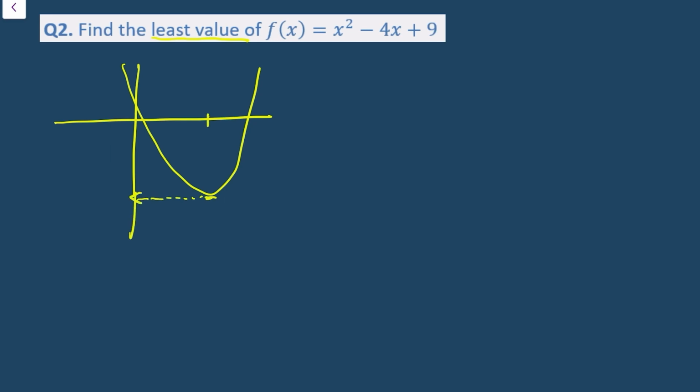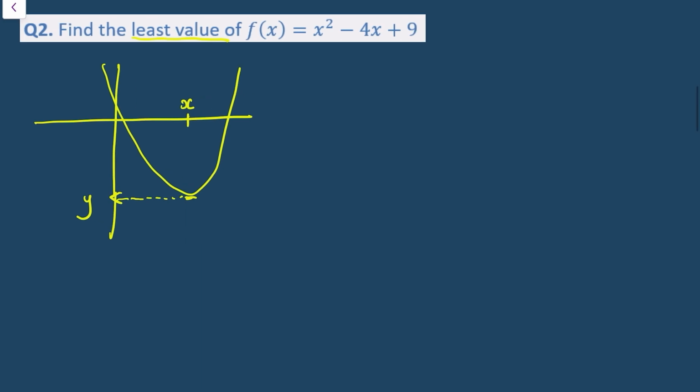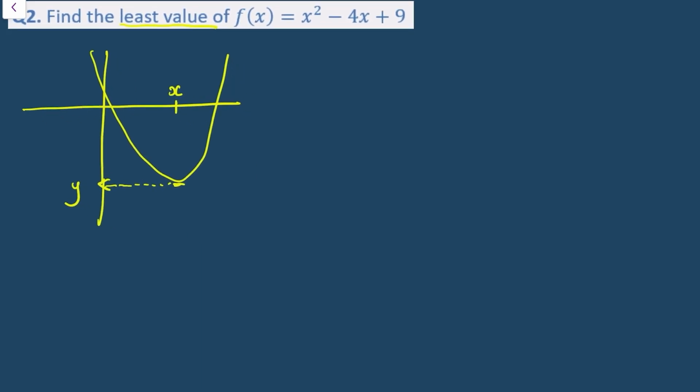So first I'm going to have to find the x value at the turning point, and then I'll have to sub it in order to find the corresponding y value. That's what a question like this is asking you to do. There are two ways you can do this. You can either differentiate, use the same method as we've done before, and we'll do that first, or because it's a quadratic and this only works for a quadratic, I can also complete the square, because I know when I complete the square, minus a comma b gives me the turning point, and that will be my least value.